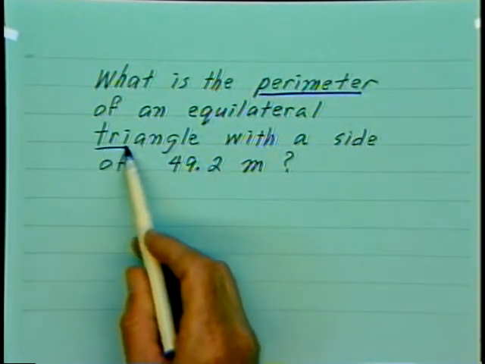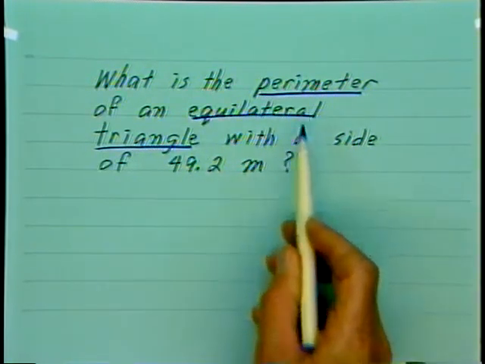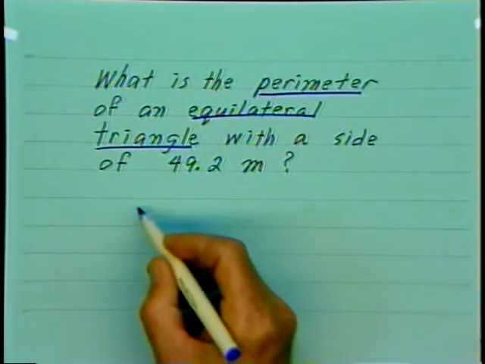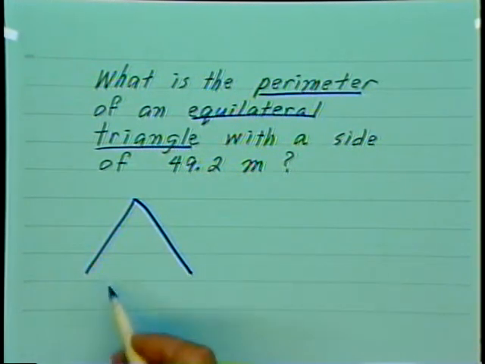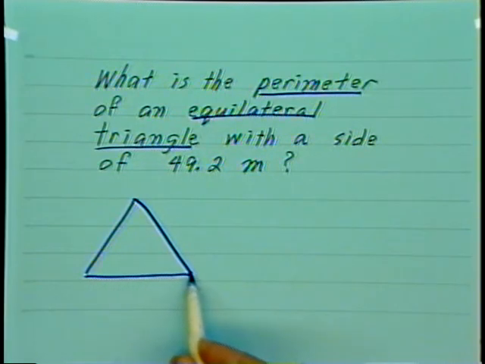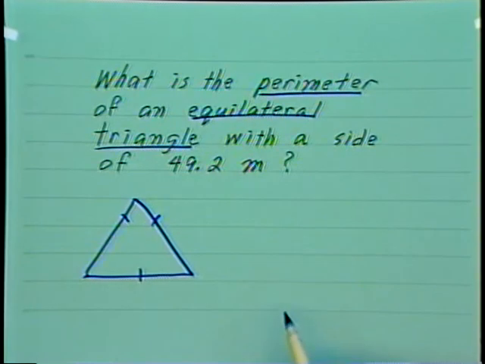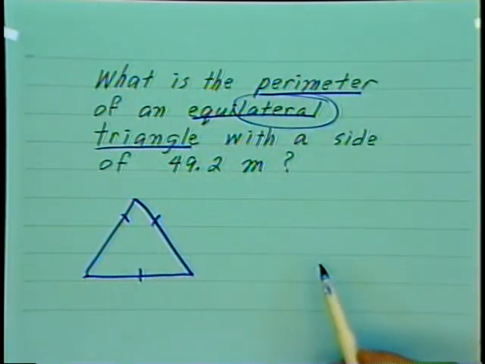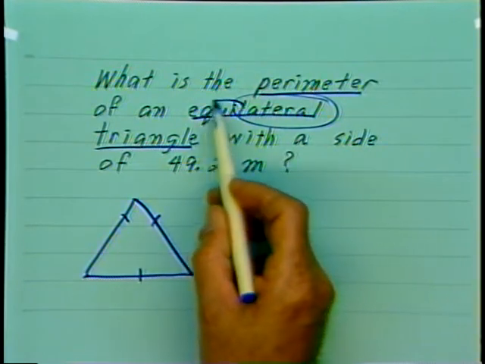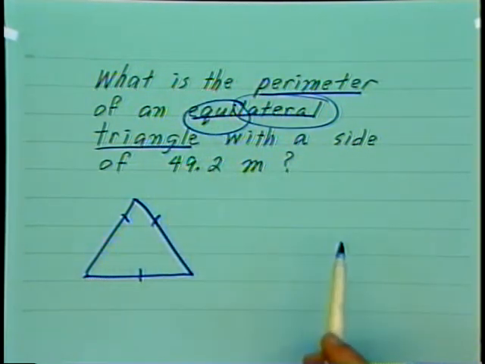We know that we'll be dealing with a triangle, but specifically an equilateral triangle, which we need to remember, or if we didn't, we would look it up in a reference book, that it's a triangle in which all three sides are equal. See, lateral is a root word for side, and equi. So we have equal sides of a triangle.